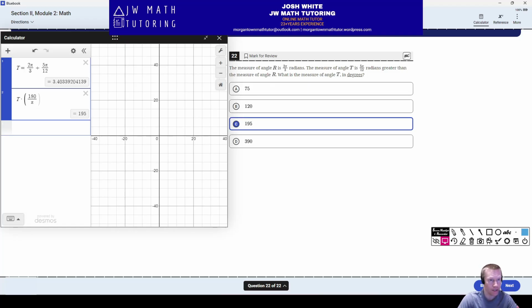The number of radians for t was not a nice fraction like 13 pi over 12, it was just 3.403, but that doesn't matter, because if you carry along the exact value, and that's why I define this to be t, then when you multiply it by 180 over pi, that will give you the 195 that you're looking for.